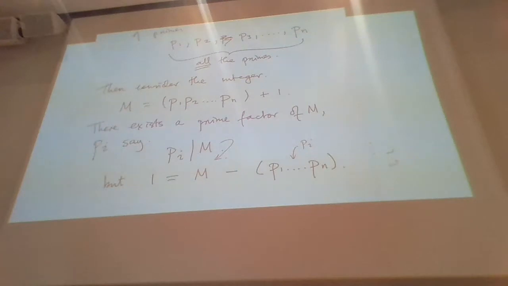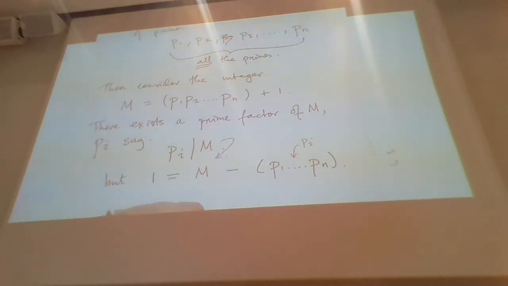It's the divisibility of linear combinations. If a number p_i divides two numbers, it automatically divides every linear combination. Therefore, it divides the difference, which is a very simple linear combination. So p_i divides the product of primes, p_i divides M. Sorry, divides 1.